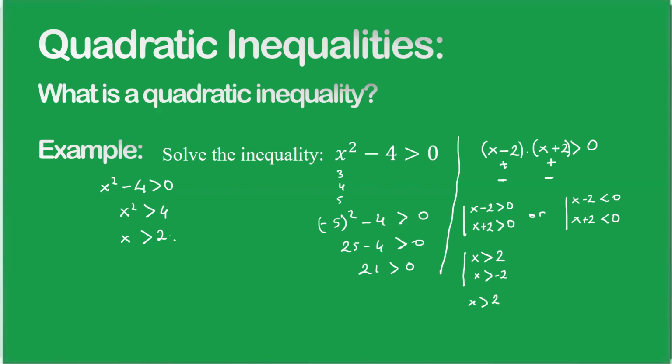Actually we got this one, but it is not the whole solution. Or here we have the second one. So x is less than 2, or x is less than minus 2. And here the common solution of this system is x is less than minus 2. Then finally, we can see all the solutions. So x is greater than 2, or x is less than minus 2 represents all real solutions of this inequality.